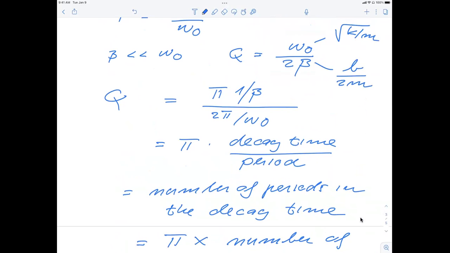So what you see here is that Q is given by the physical parameters of the system. The way this system is going to decay without any external force applied is going to be governed by this time, which we interpret as a decay time. So this is an additional interpretation which you can make of the results which we have seen till now.